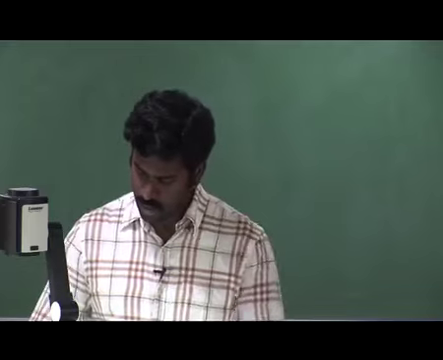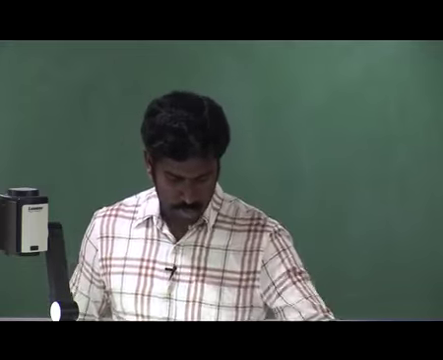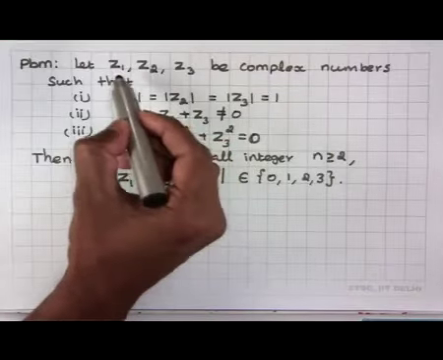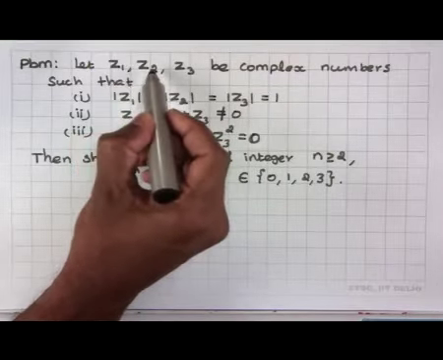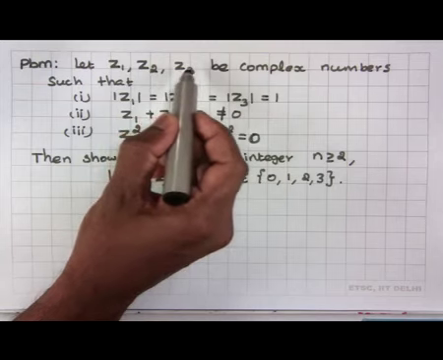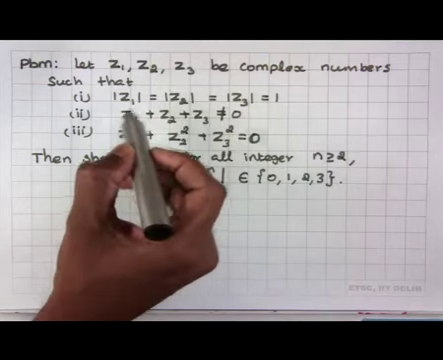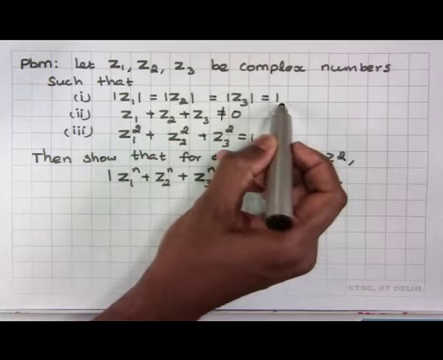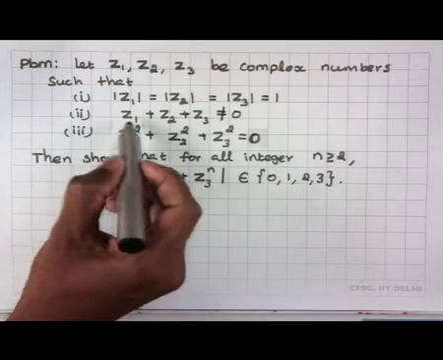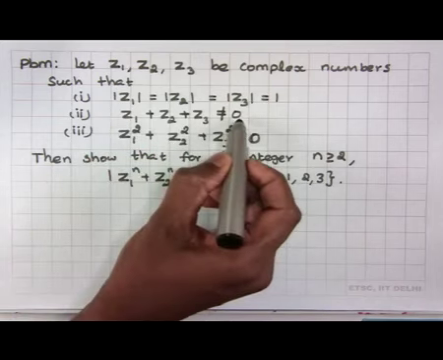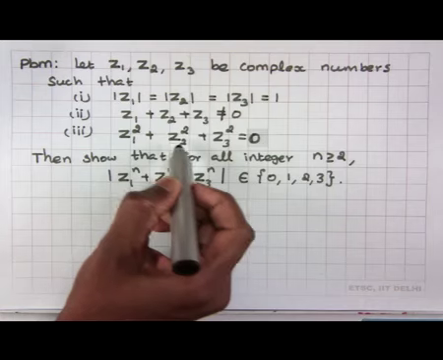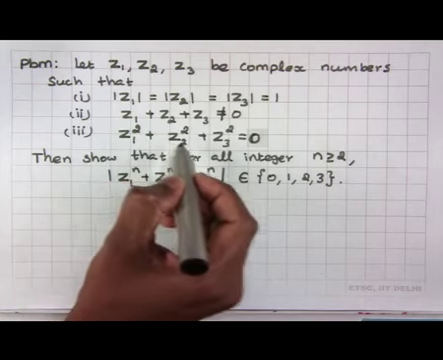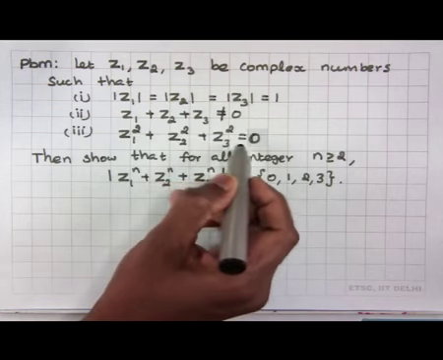Let us do another problem which has similar assumptions. We are given 3 complex numbers Z1, Z2, Z3 whose moduli are equal to 1 and their sum is not equal to 0, but their square sum is equal to 0, that is Z1 square plus Z2 square plus Z3 square equals 0.